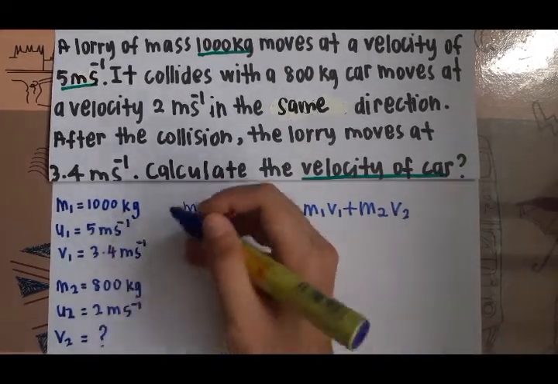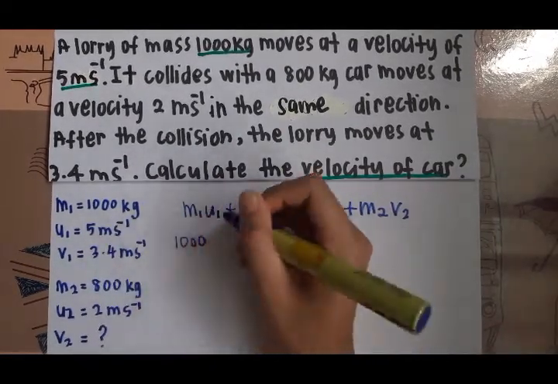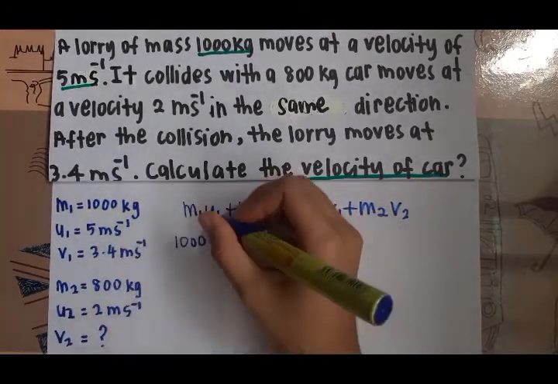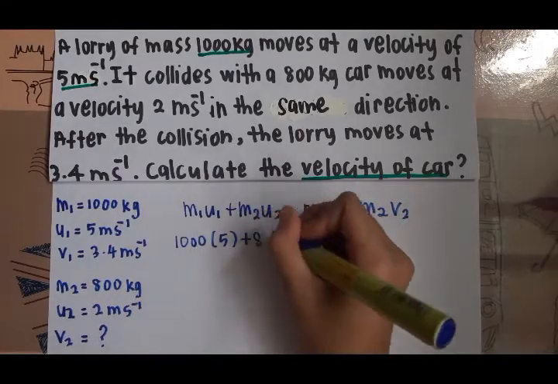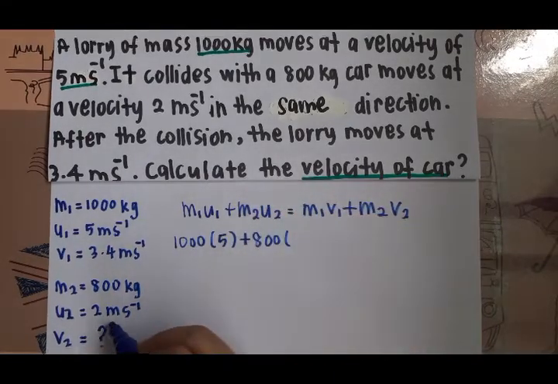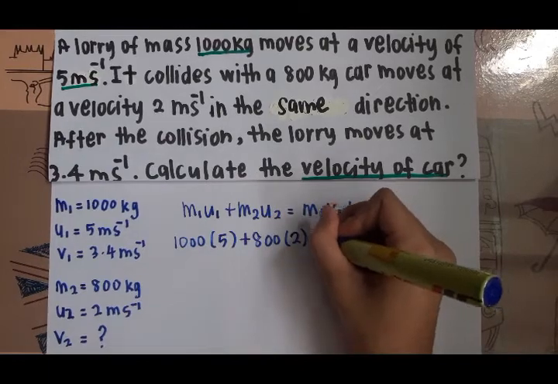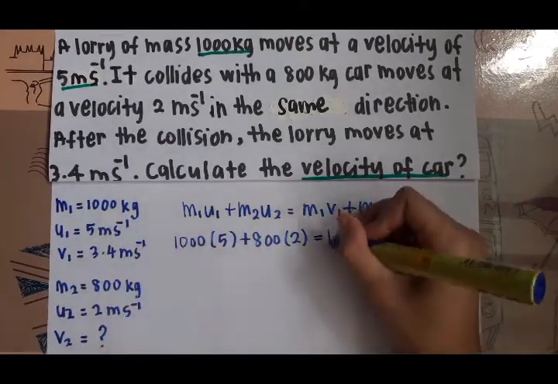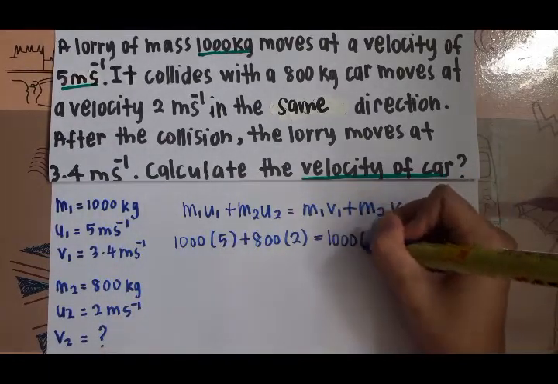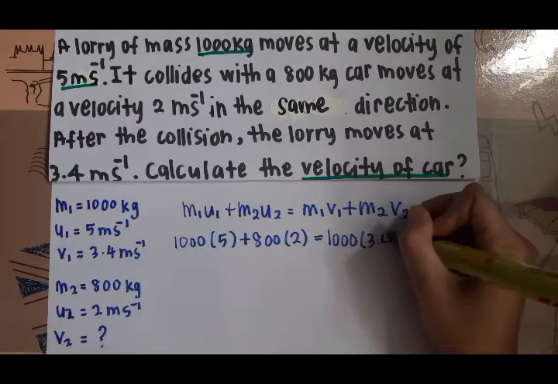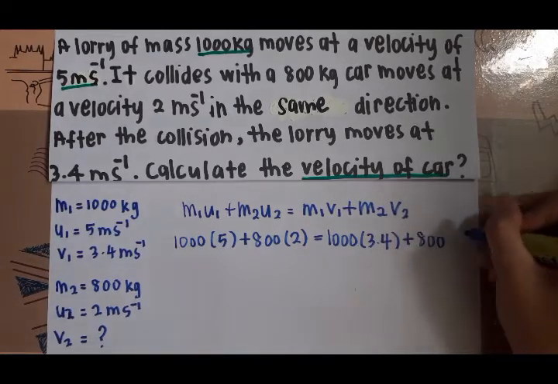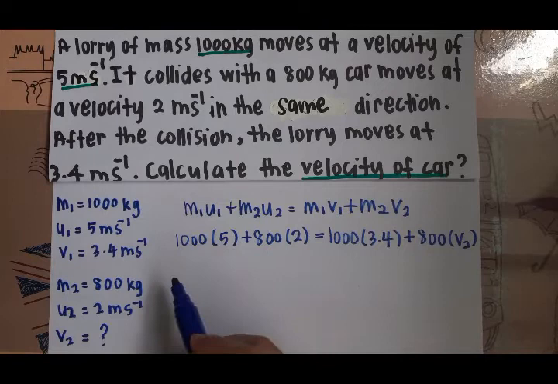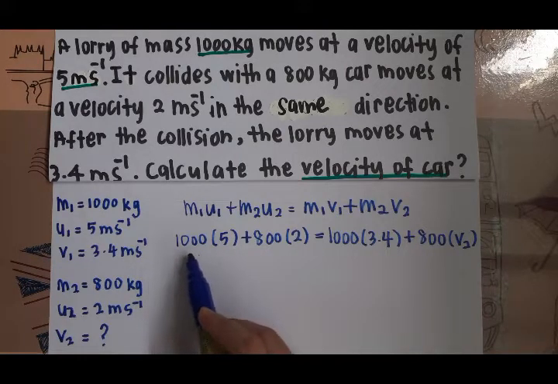So m1 is 1000 kg times u1, 5 meter per second, plus m2 is 800 kg times u2, 2 meter per second, equal to m1, 1000 kg also, times v1, 3.4 meter per second, plus m2, 800 kg, times v2. Okay, so we need to solve the equation on the left side first.